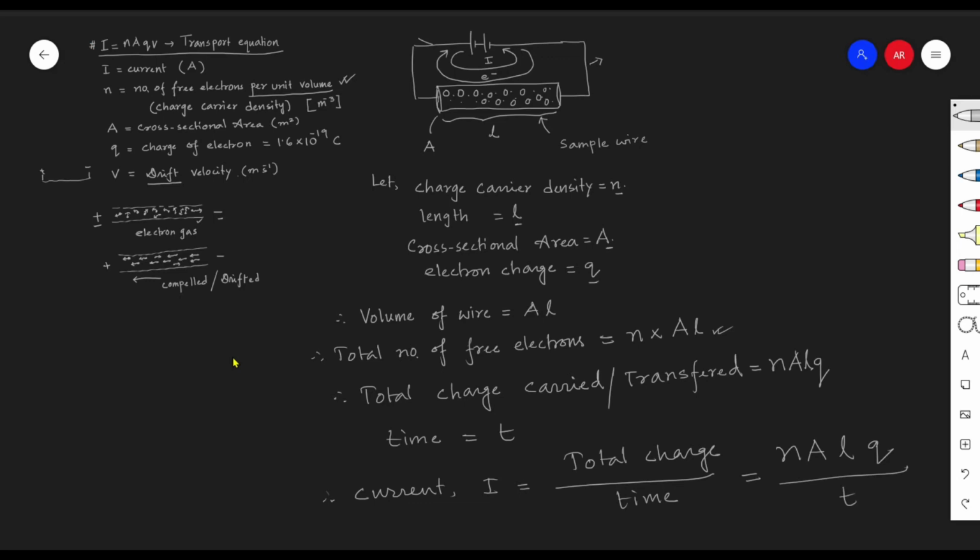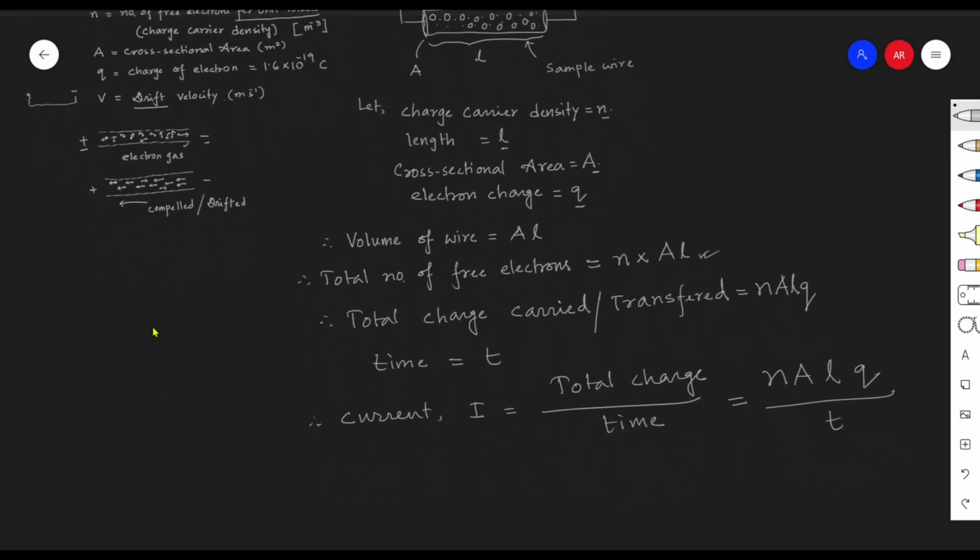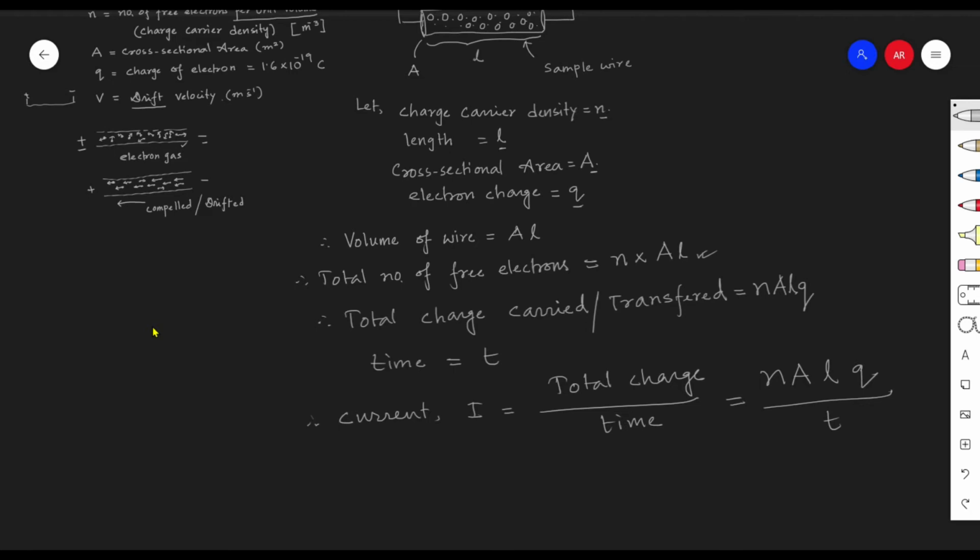What is the time it takes to carry this much charge? Divided by time. And L by time, the distance traveled per unit time, isn't it speed? So nAQv, this is the equation that we get.